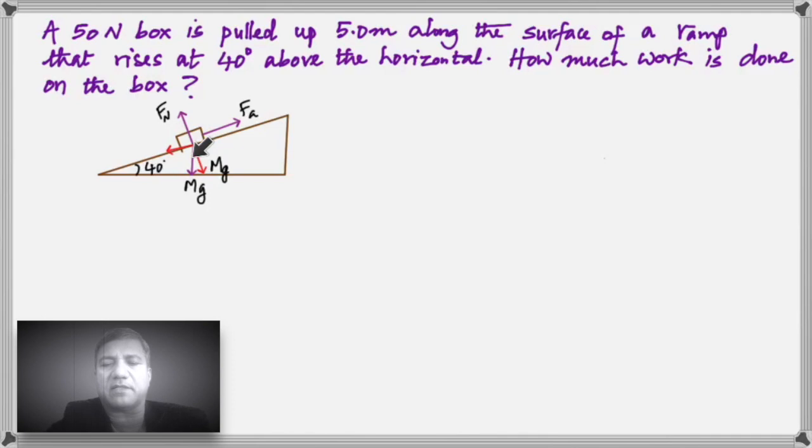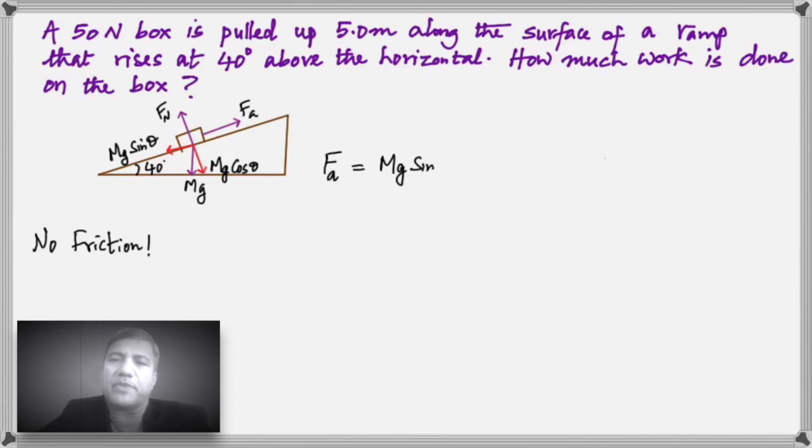And this angle is going to be 40 degrees. So this will be mg cosine 40, and this will be mg sine 40. We've done that many times now. So again, make sure that there is no friction here. If there was friction, there would be an additional force shown down the ramp.